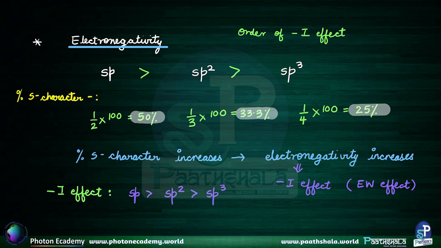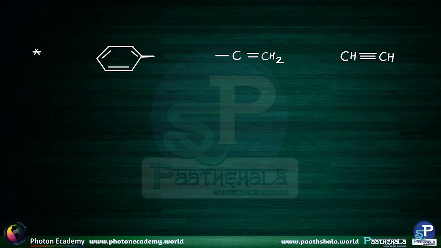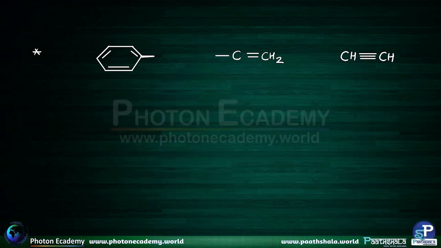Now, the next one is a clear case of what we have just done, and we'll do it using what we have just learned about how increasing S character leads to an increase in electronegativity. Now, how and why is that?